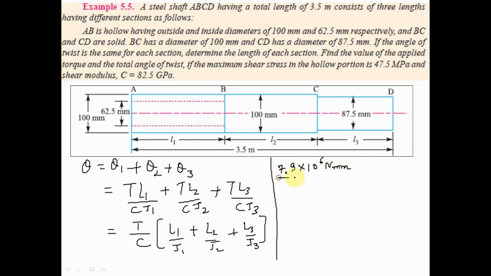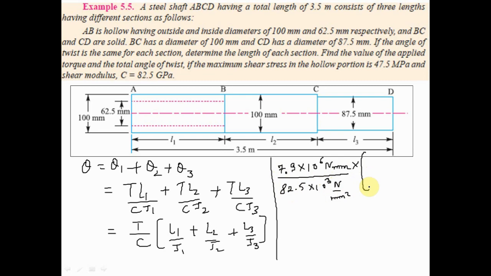And the C value is given as 82.5 times 10 to the power 3, in order to convert it into Newton per millimeter square. Then bracket L1 by J1 plus L2 by J2 plus L3 by J3.